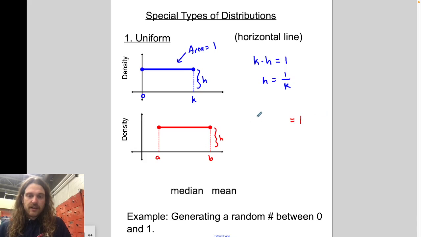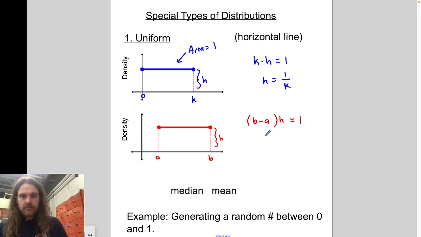So we can say the height here is just h. And what is this length? Well, that length is going to be b minus a. So to solve for the height of the density curve, if you don't start at 0, then the height is 1 over b minus a.